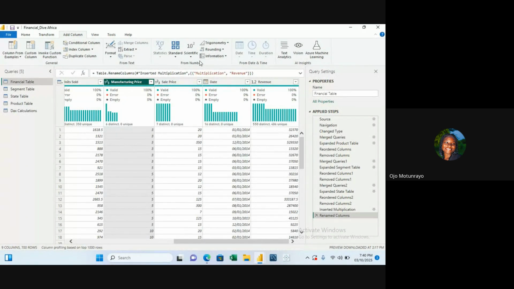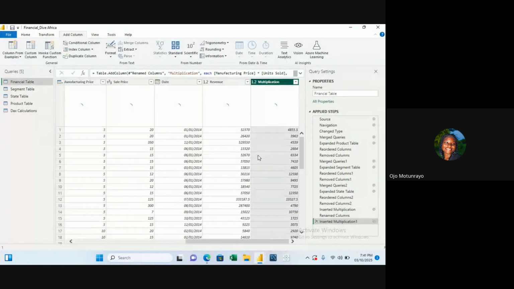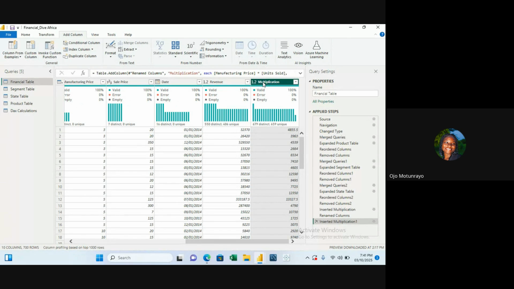Go through the same way: standard, multiply, then use values in a column. I said manufacturing price times unit sold will give you manufacturing cost. Our unit sold is there already, so there's no need to change it. Let's click on OK. So this can just be manufacturing cost.